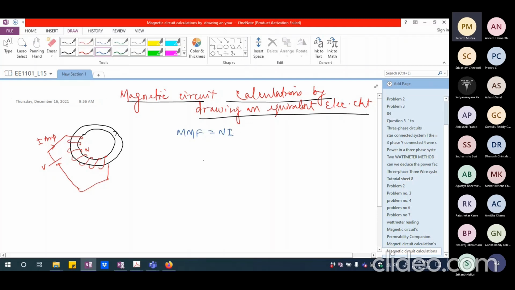Now, the reluctance of the iron ring, I should be able to calculate as L divided by mu A. And what is L?